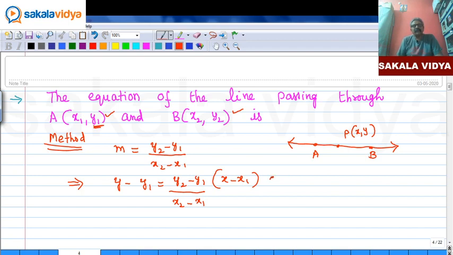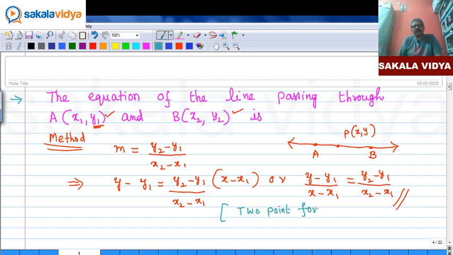Or you can remember it like this also, y minus y1 by x minus x1 is equal to y2 minus y1 by x2 minus x1. This is called two-point form.